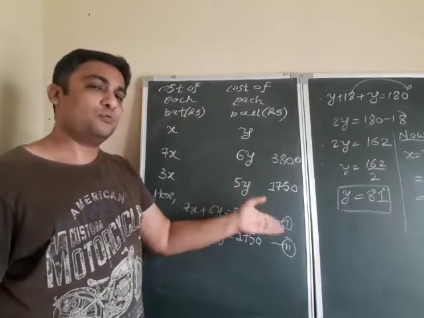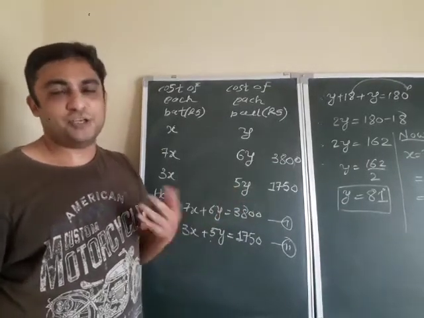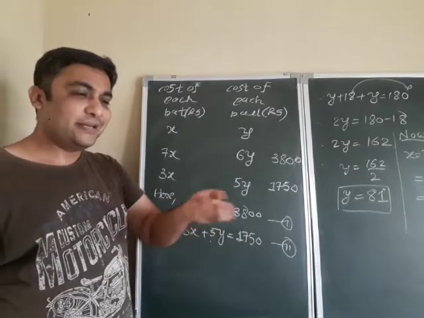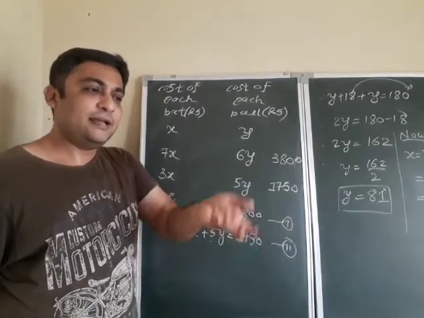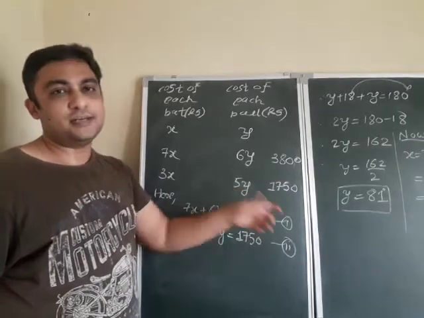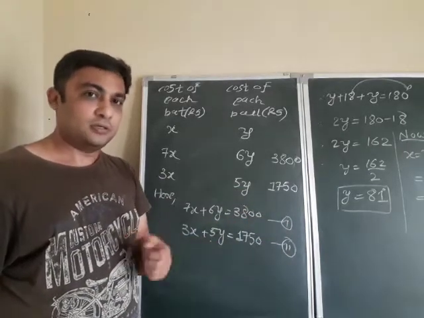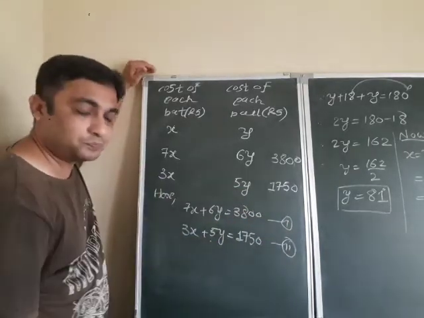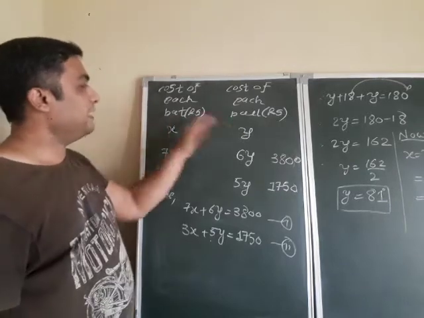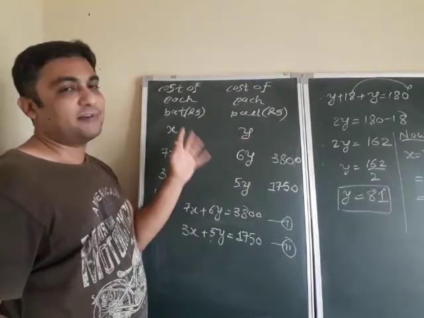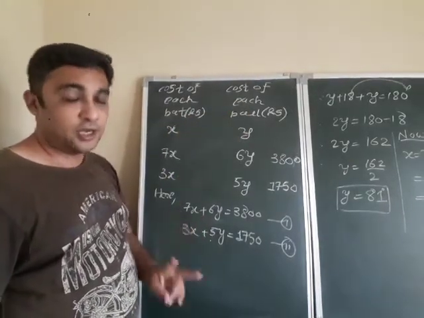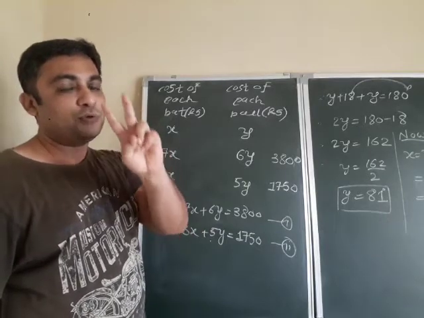Once you say first, it will be first, and once you say second, it will be second. As we read the data, whichever comes first we consider first, and the later one is second. Understood? You can say this as x, this as y. No problem. You need to find the linear equations in two variables.